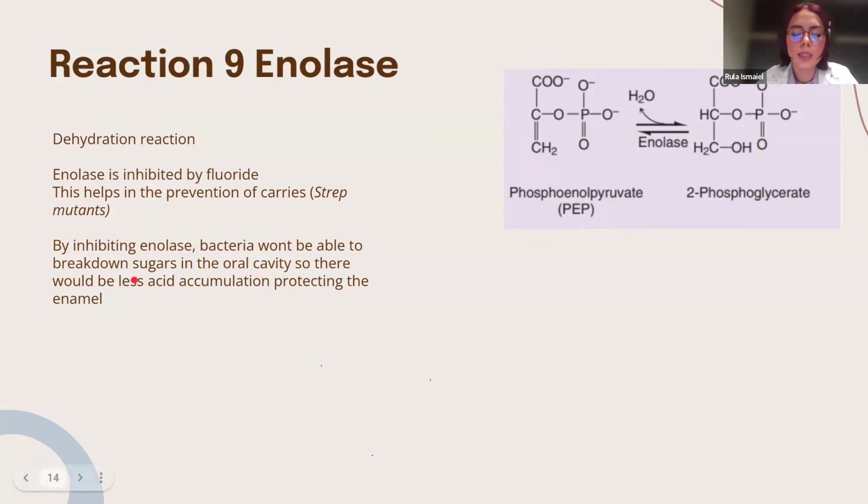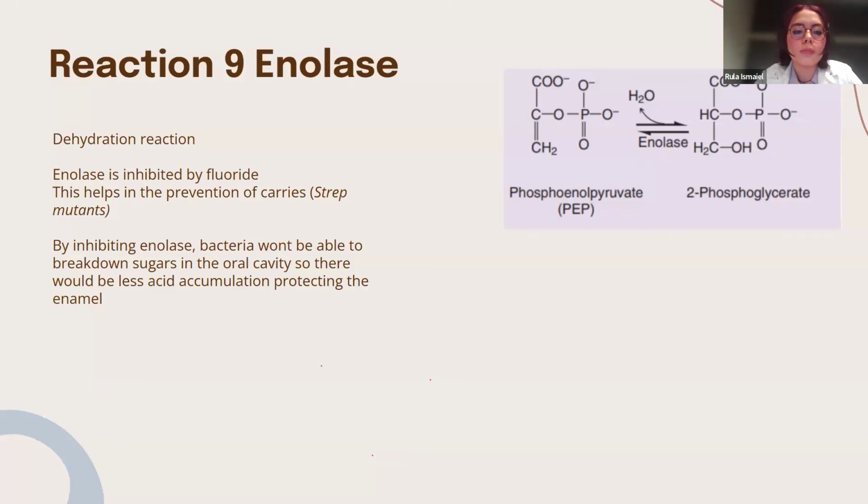The whole mechanism behind this is that bacteria have enolase. If you don't brush your teeth, there's still sugar in your mouth. The bacteria eat it up, breaking down the sugars in the oral cavity, and there would be a very high accumulation of acid. That breaks away the enamel of your teeth, and when that happens, you get caries.